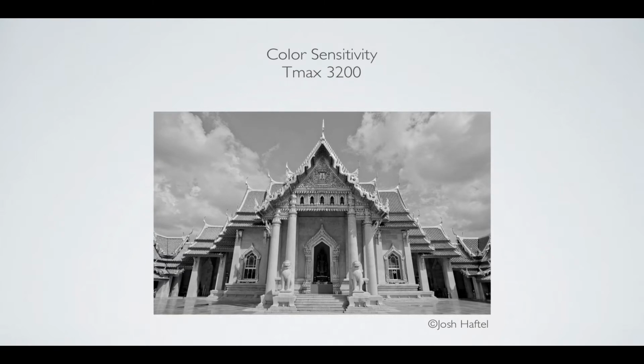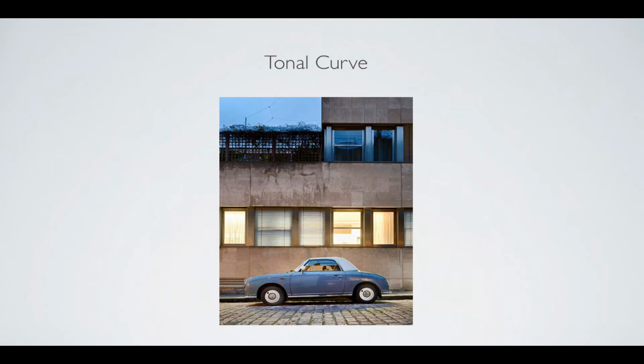Now, here's the thing. The only thing that you're taking a look at here is the color sensitivity. It's not taking into account the tone curve or the grain of those particular film types. Those variances that we were seeing were only because of the color sensitivity. Then we have that next variable, which is the tone curve.